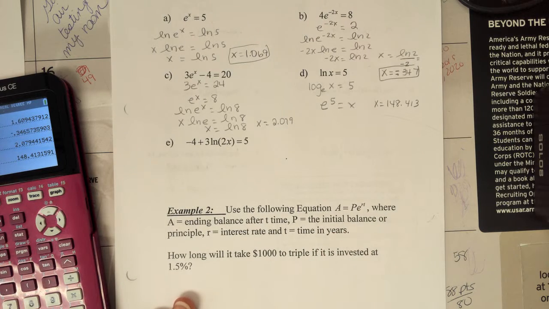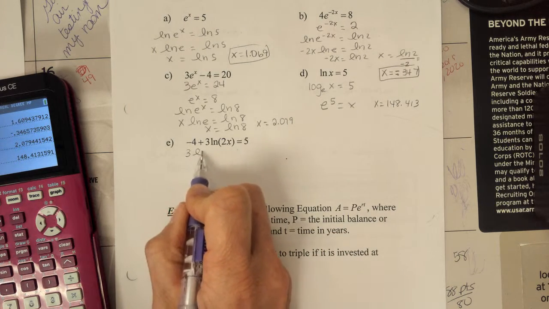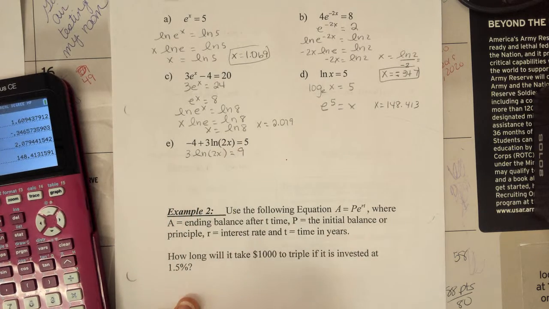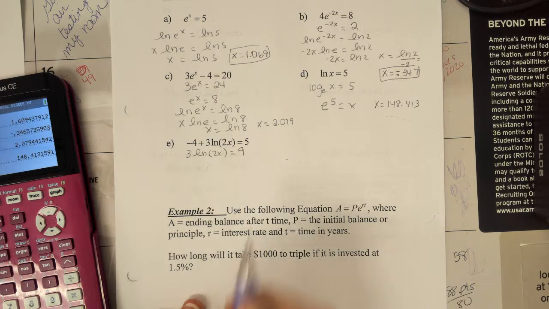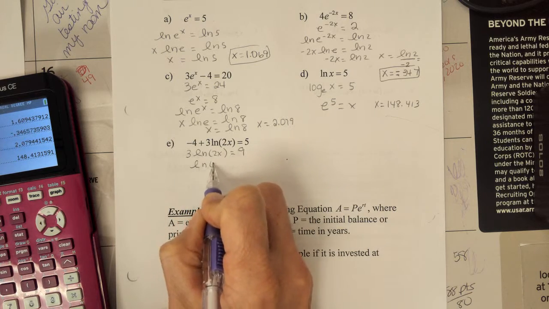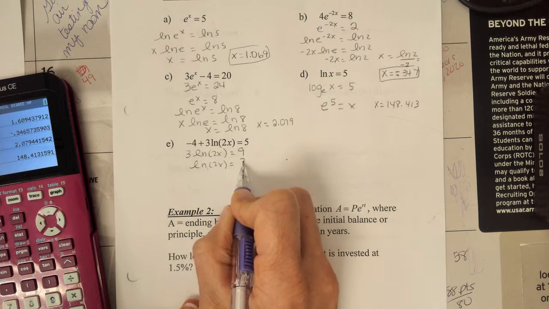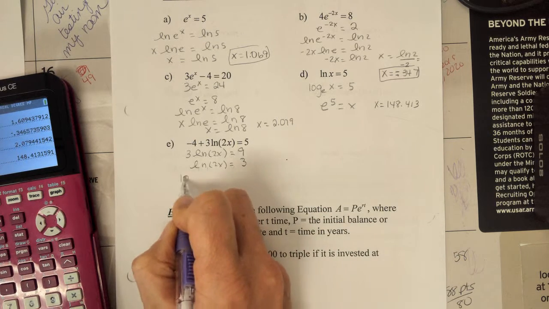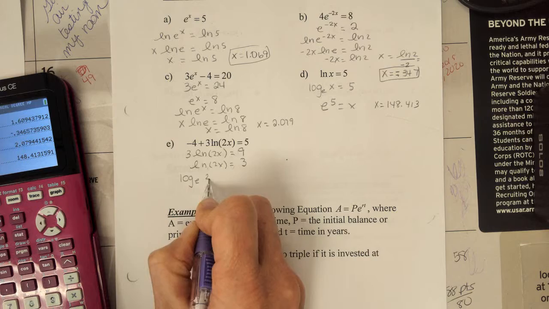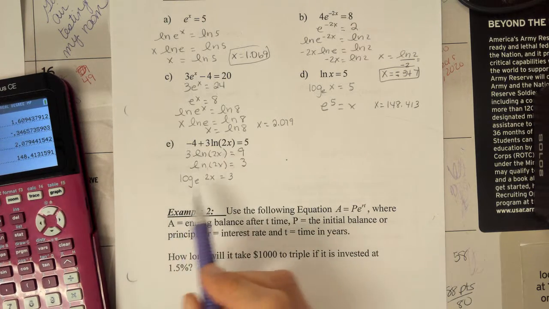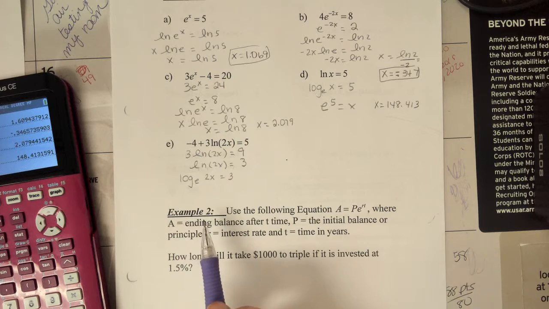This last one, before we get to the word problem, you're going to add 4 first. Divide by 3. Rewrite as an exponential. Rewrite as a log base e.